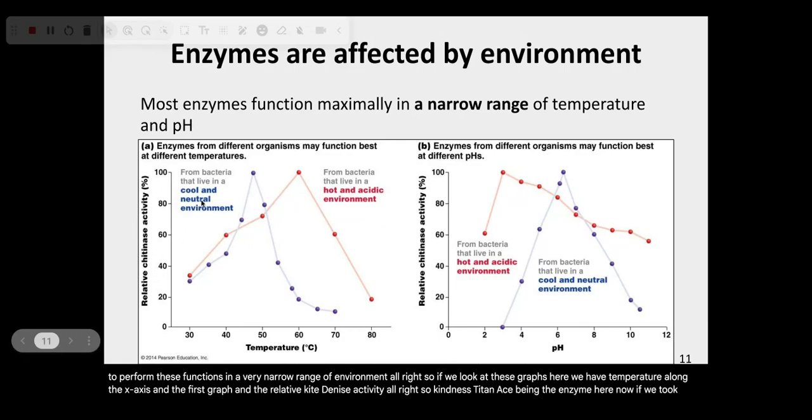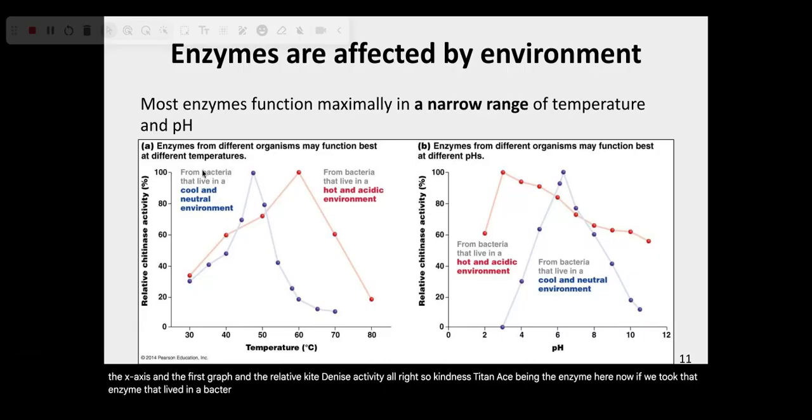Now, if we took that enzyme from a bacteria that lived in a cool and neutral environment, so this blue line here, we would see that peak enzyme activity occurs around this 45 degrees Celsius range. But if that came from a bacteria that lived in a hot and acidic environment, we see that its peak enzyme activity is around 60 degrees.